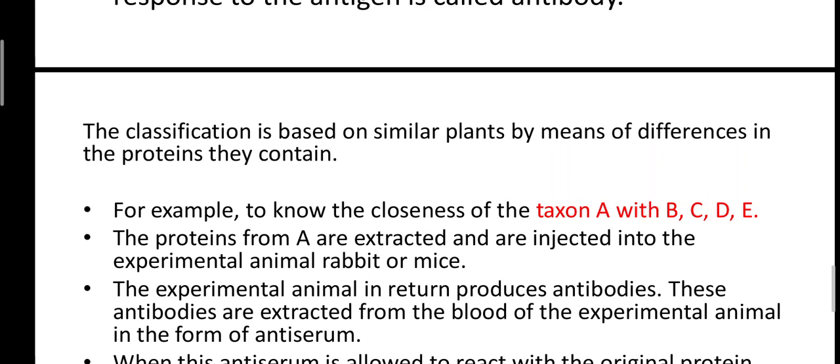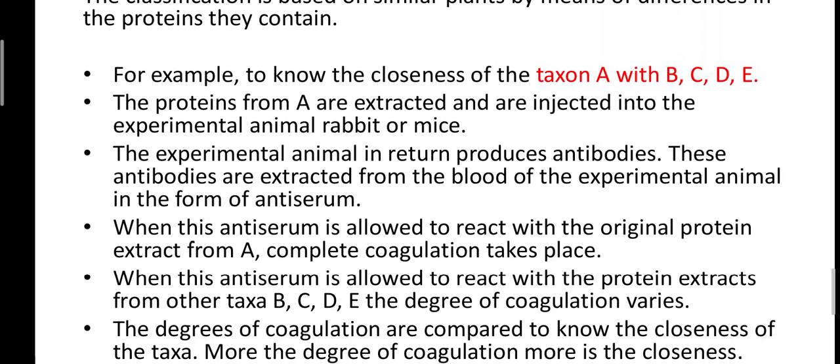For example, to know the closeness of taxon A with B, C, D, E, the proteins from A are extracted and injected into an experimental animal, rabbit or mice. The experimental animal in return produces antibodies. These antibodies are extracted from the blood of the experimental animal in the form of antiserum.